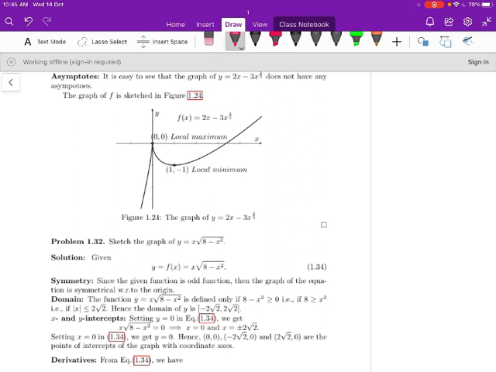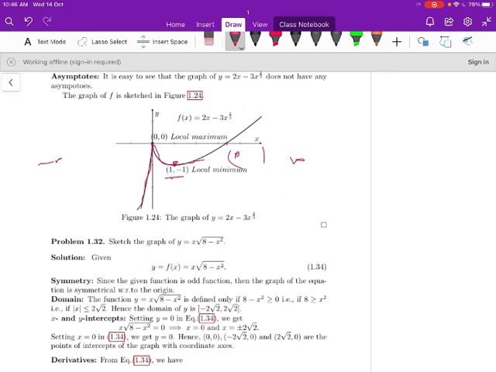So we know that 0 comma 0 is a local maximum value. The local minimum value is at 1 comma minus 1, and this other point is 0 comma 27 by 4 something. The graph will always be concave upward from minus infinity to plus infinity.